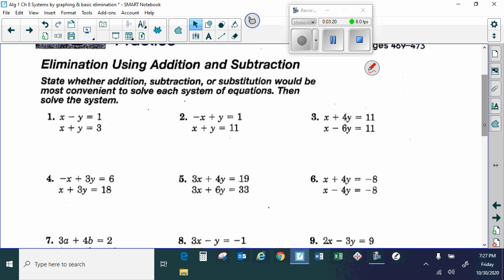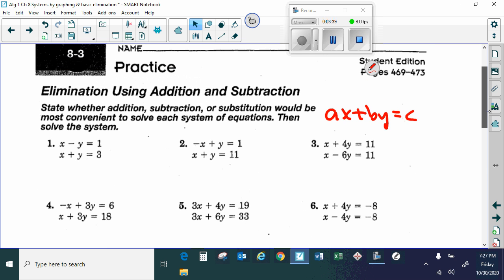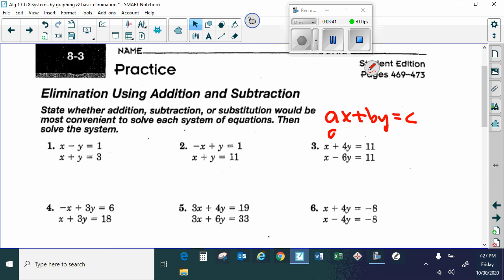You'll notice almost all these equations, they're basically in standard form. The only difference is in true standard form, remember, standard form is ax plus by equals c. They all look like that, on all of these here, on this whole side here. But in true standard form, a, b, and c are integers, which they all are, okay?